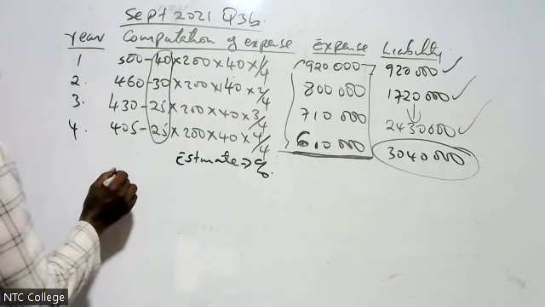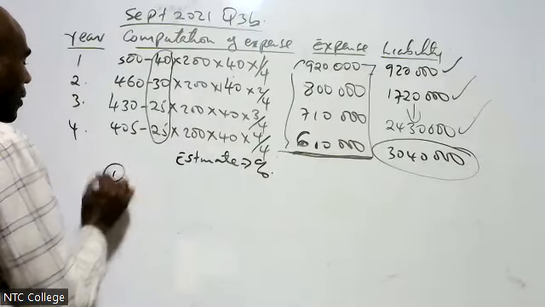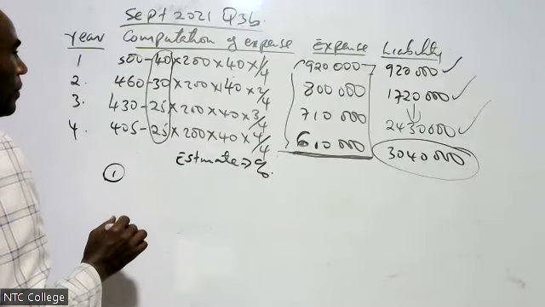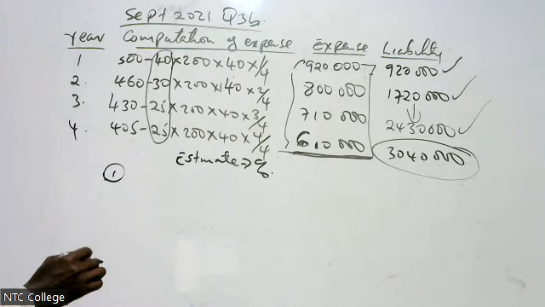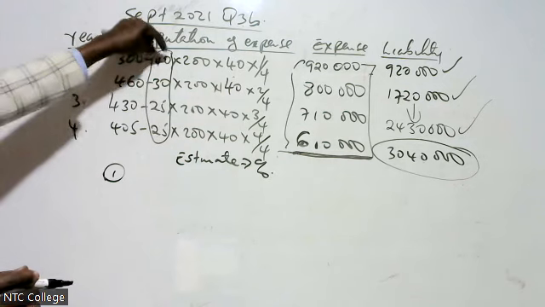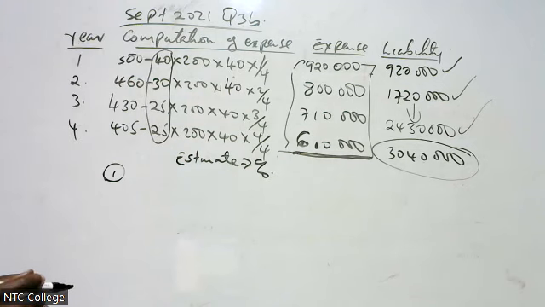For example, the examiner will tell you scenario number 1, in terms of percentages. Listen very carefully, it's very critical, because you will find many questions have percentages and you wonder what to do.